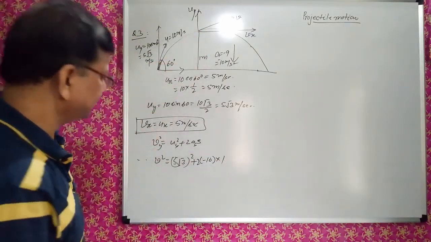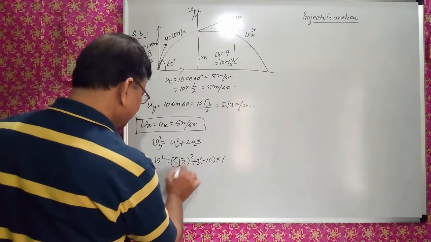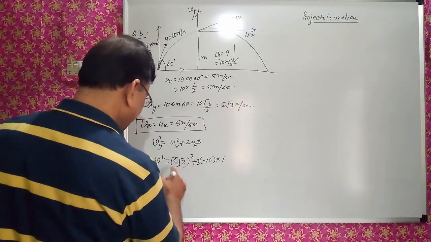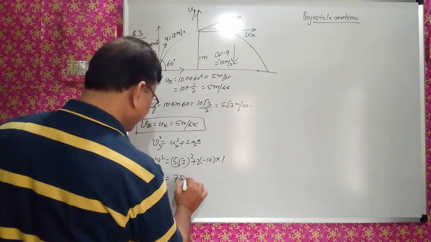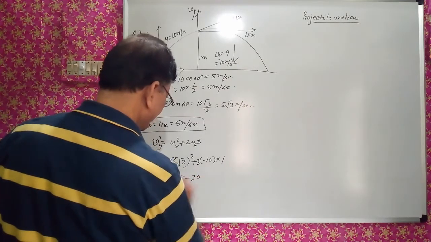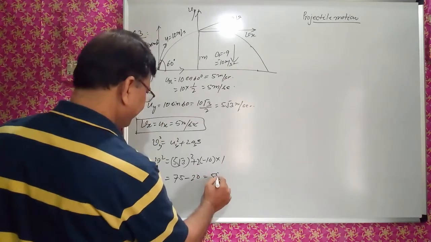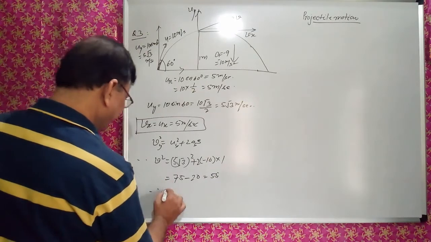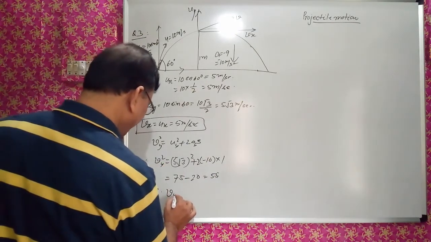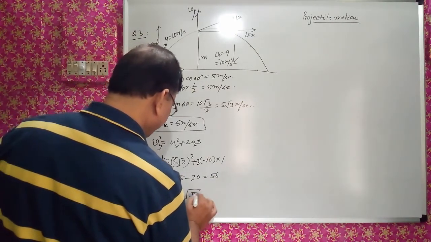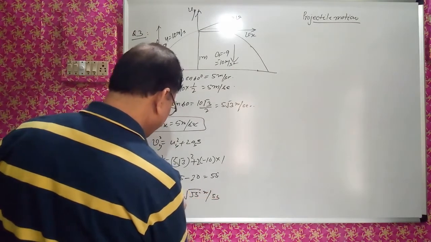Here we have to find the velocity. That is equal to 75 minus 20, that is equal to 55. We got it. Therefore Vy is equal to under root 55 meters per second.